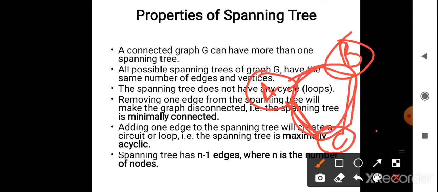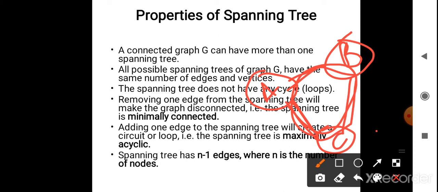That is, the spanning tree is maximally acyclic. When we add an edge to that spanning tree, it will create a loop or a cycle, or a circuit. So it is maximally acyclic.